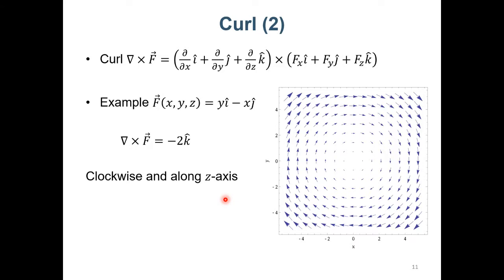Curl tells you how it rotates, and the divergence tells you the flux, whether it's falling out or falling in. And this one tells you whether the field is rotating. If you need to see the original definition for the field, it is yi and xj. So this is what you mentioned.